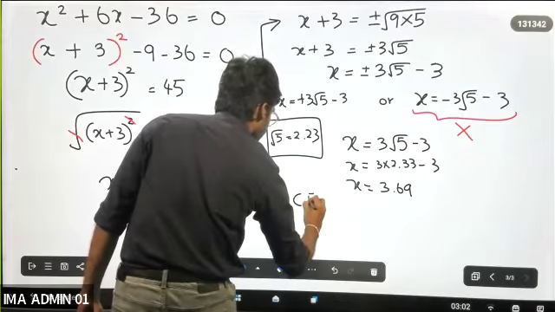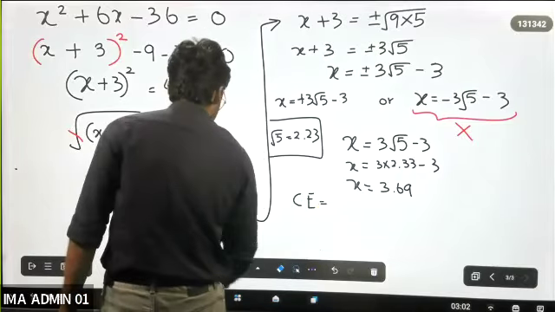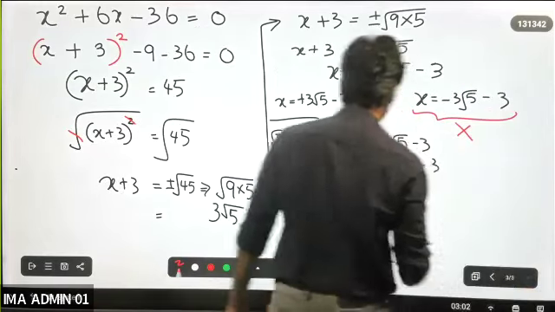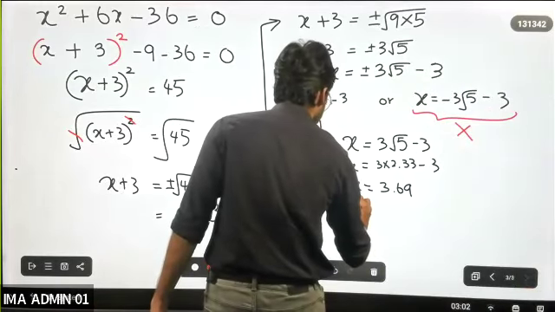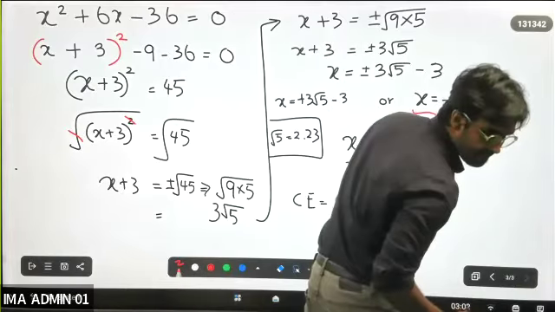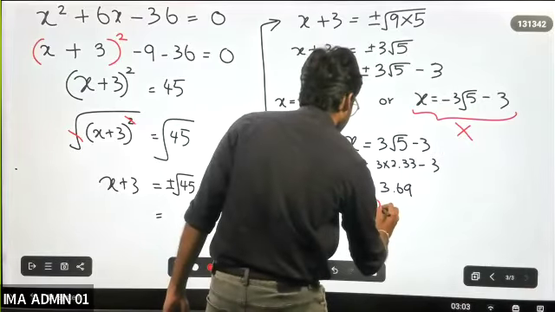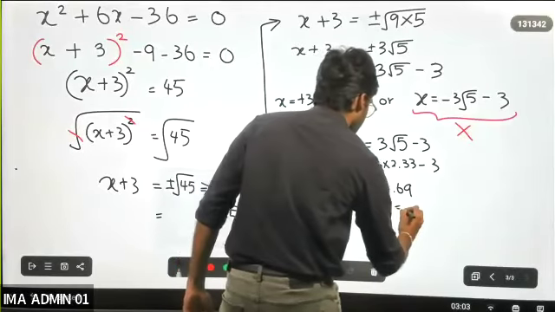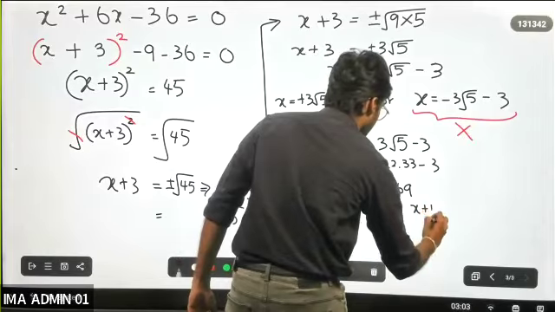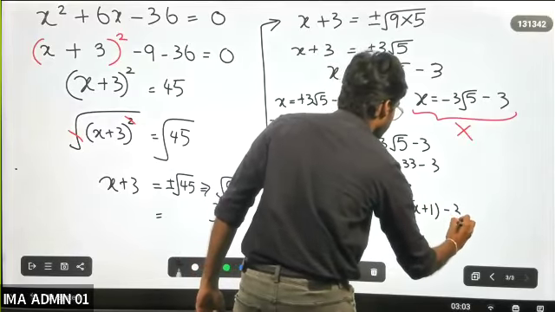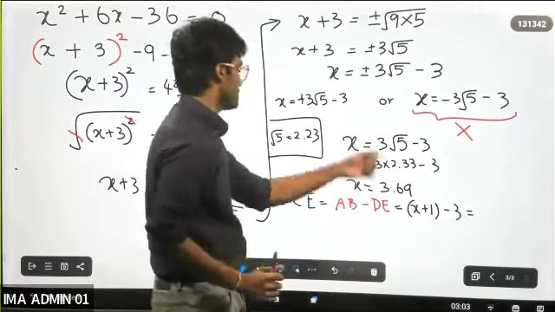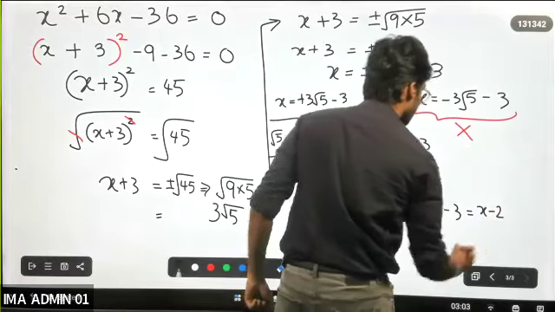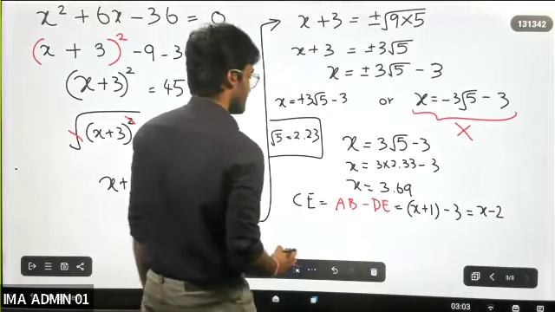CE is equal to AB minus DE, which means x plus 1 minus 3. So what's the answer then? x minus 2, right?